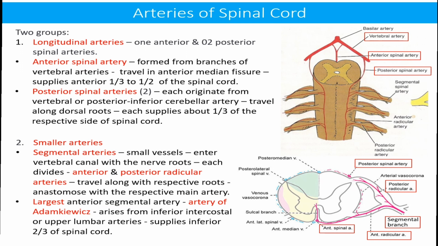The largest of these segmental arteries is the artery of Adamkiewicz, which arises from the inferior intercostal or upper lumbar arteries and supplies the inferior two-thirds of the spinal cord.